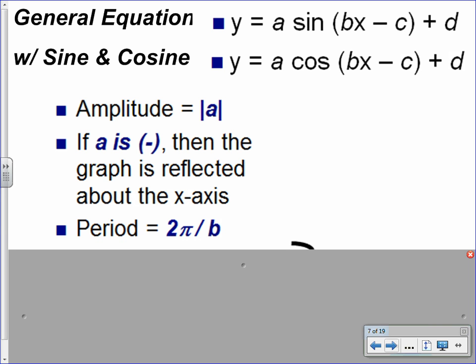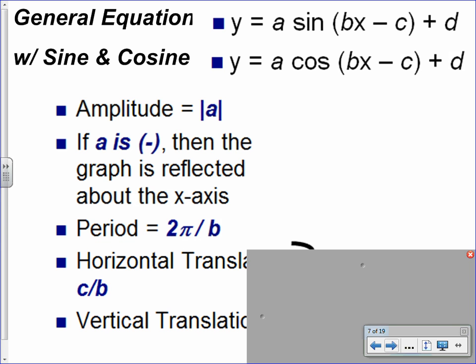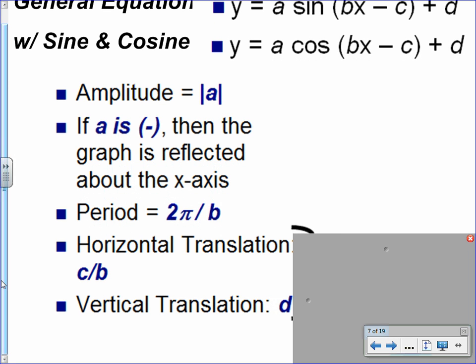Now, how do c and d affect our graph? Those are our shifts, right? c is a what kind of shift? Horizontal. d is vertical. Now remember, if there's a number multiplied to x, that does affect your horizontal shift. So your horizontal translation is c over b.